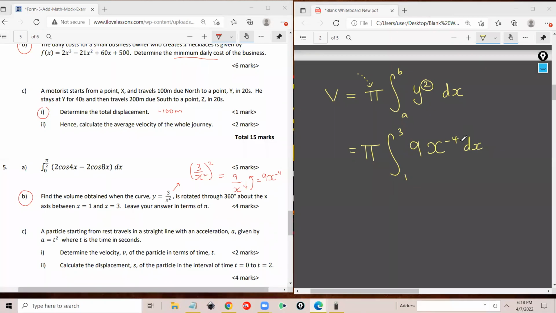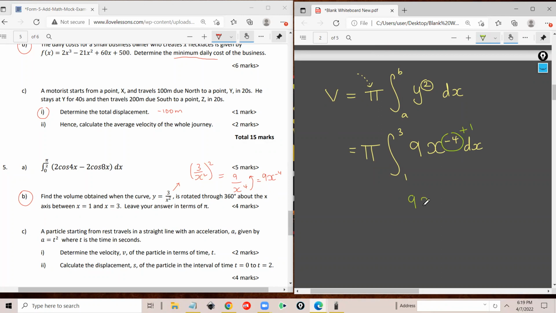So do your best to integrate this. You add 1 to the power, you divide by the new power, and so forth. So let's do that. We add 1 to the power, we get minus 3, and then we divide by the new power.